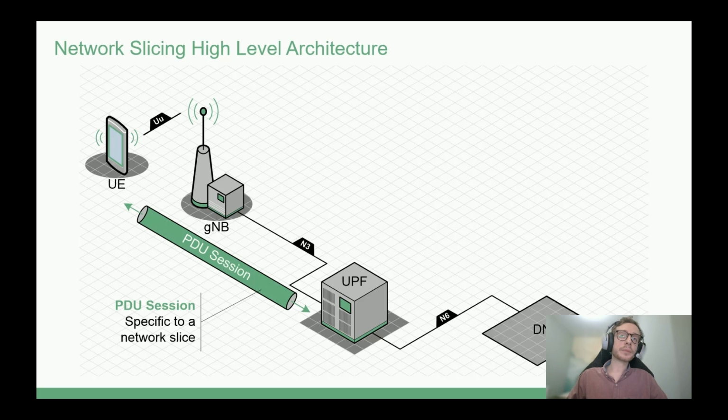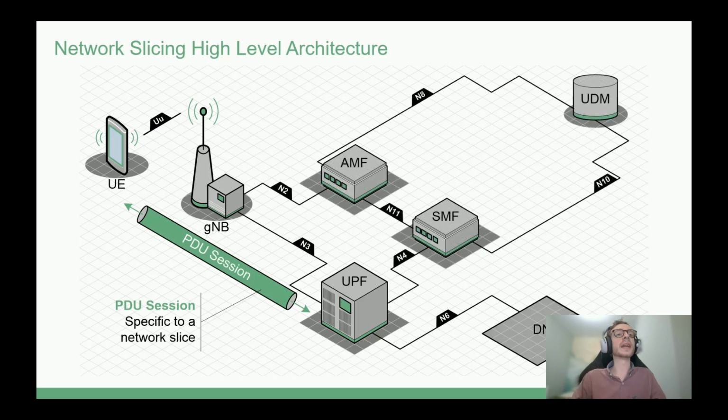Now, we also have additional functions that exist within the core, and we've not specified every single one here. But it's important to note that all of these normal functions that exist within the core need to be slice aware. They need to understand the concept of network slicing. So we have our AMF here, our access and mobility management function, and that deals with the registration of devices and mobility throughout the network. We have our session management function, and that supports the establishment of PDU sessions, so that needs to support slicing as well.